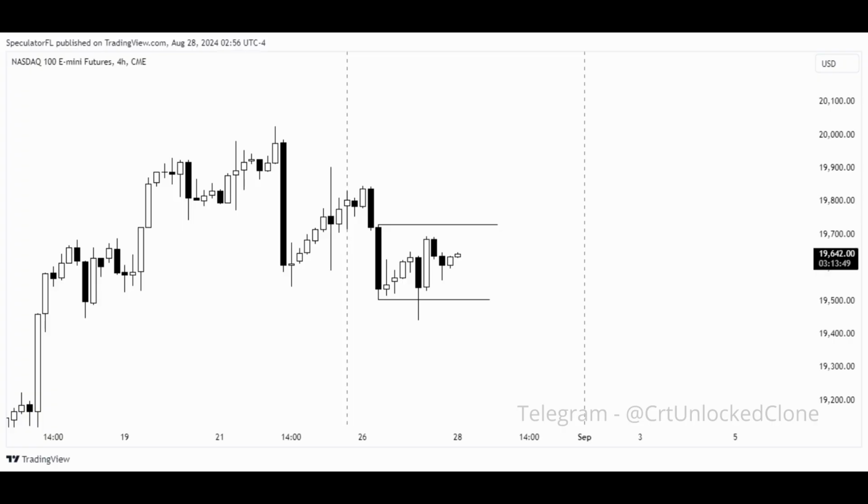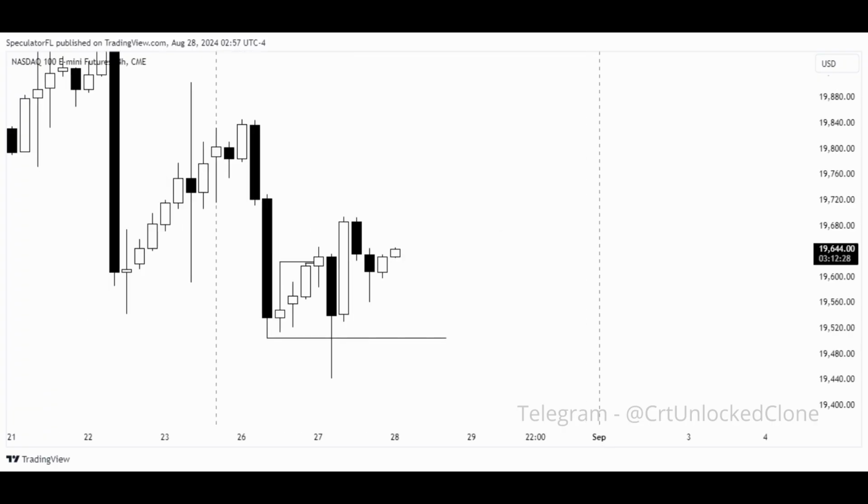And after that short-term down liquidity is taken, my down liquidity would then become the 4 hour CRT high, right? So the first half of the day, my short-term down liquidity was this Monday's candle low, this 4-hour CRT low, and then after that my down liquidity would change to be the CRT high right here.